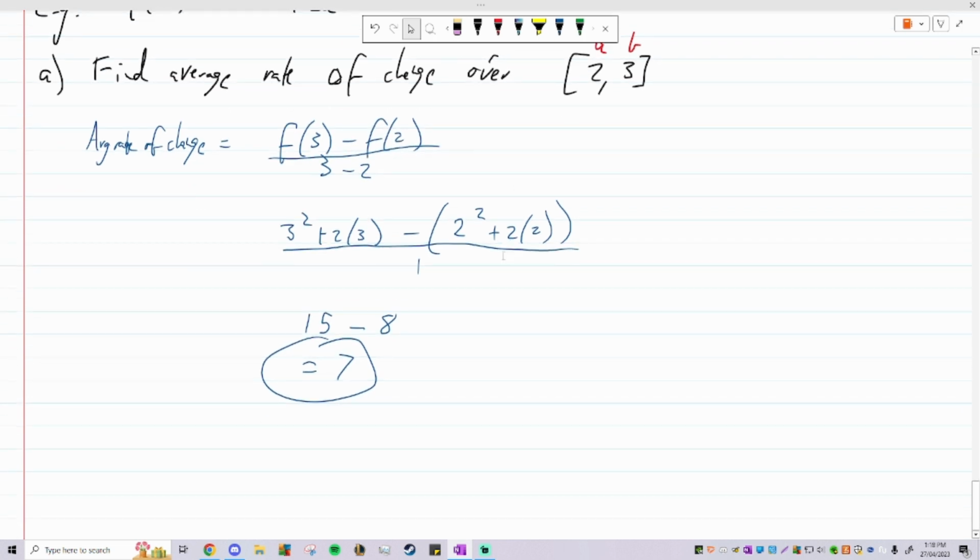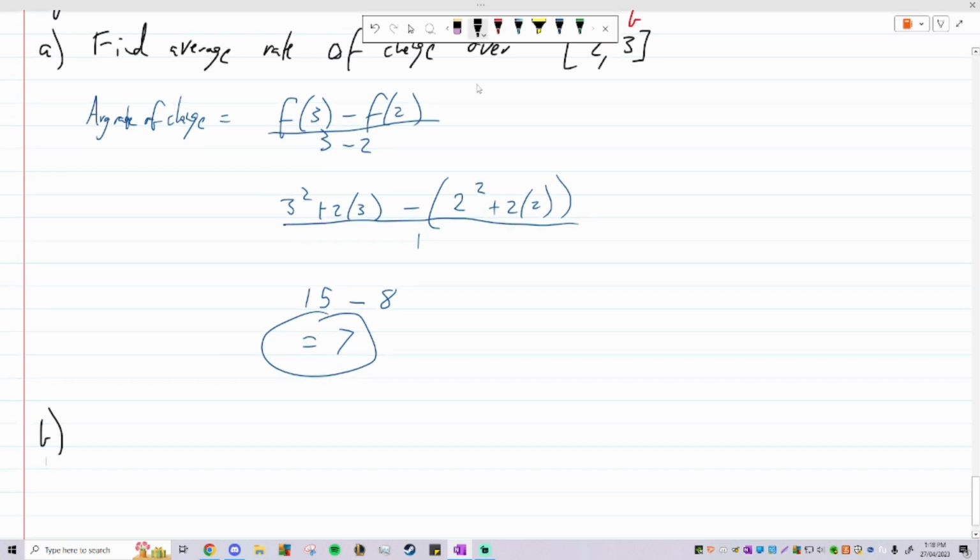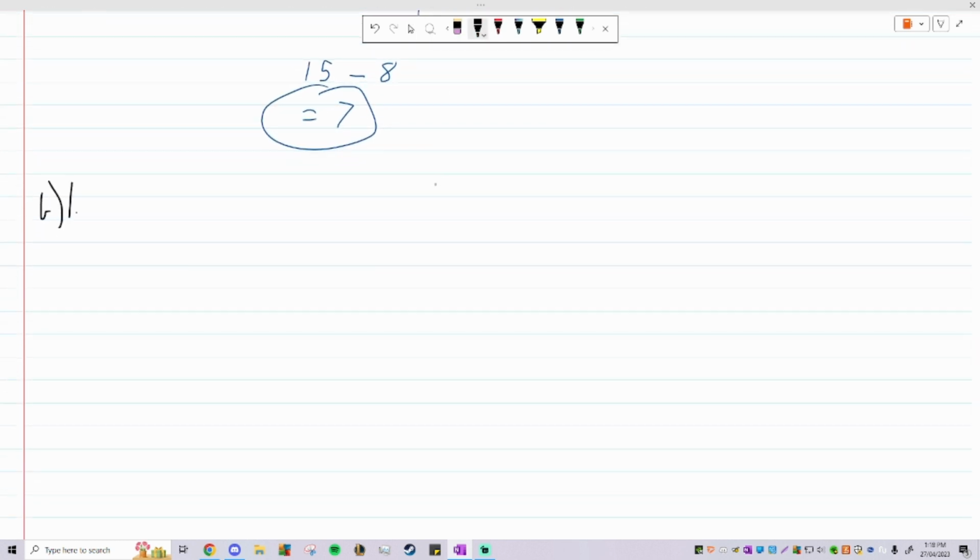My voice is reaching its end, so luckily we are nearing the end here. Part B, we want the instantaneous rate of change. And we're just going to pick x equals 2. So what that is, just find f dash of 2.